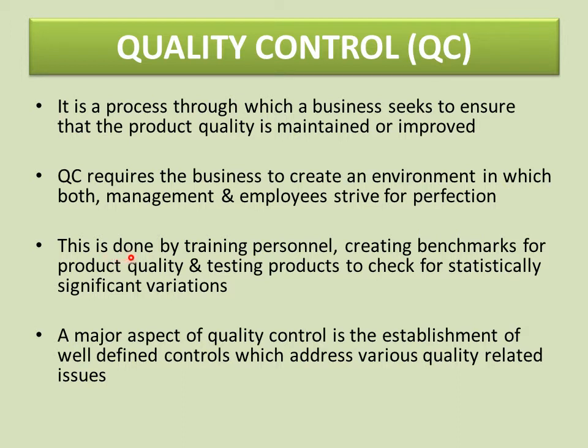This is done by training personnel, creating benchmarks for the product quality, and testing products to check for statistically significant variations. And how it is done, mean how perfection is obtained.